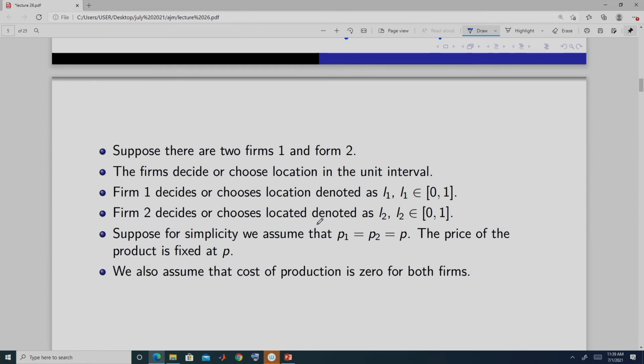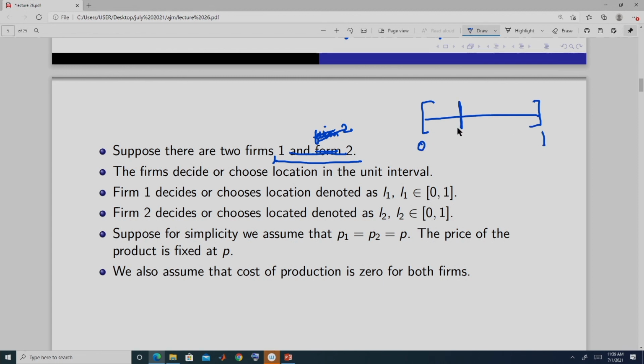Now, we come to the firms. We first take the simplest form, and that is we have two firms, firm 1 and firm 2. The firms choose locations in the unit interval.